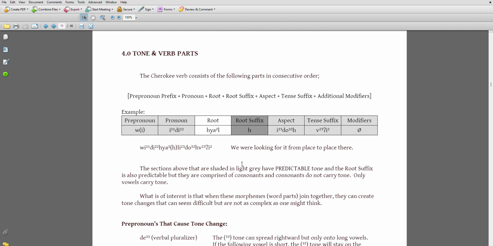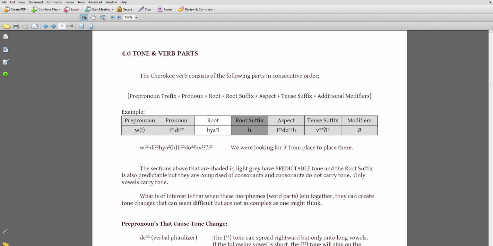Tone and verb parts. The Cherokee verb consists of the following parts in consecutive order. So first we have the pre-pronoun prefix, the pronoun, the root suffix, aspect or conditional suffix, which is what I call it, tense suffix, and any additional modifiers. So we're going to take an example verb and plug it in these areas.